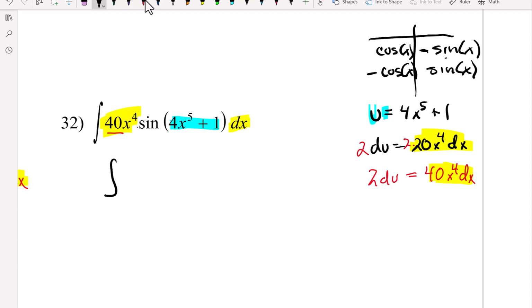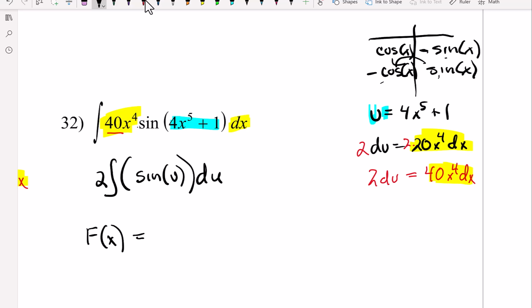So we have a 2 up front, and then sine u du. All right. Now remember, the derivative of cosine is negative sine. So if we have a positive sine working backwards, that's going to be a negative cosine.